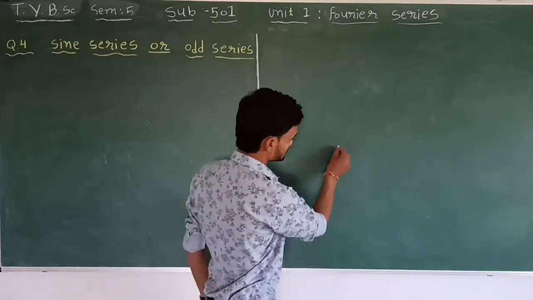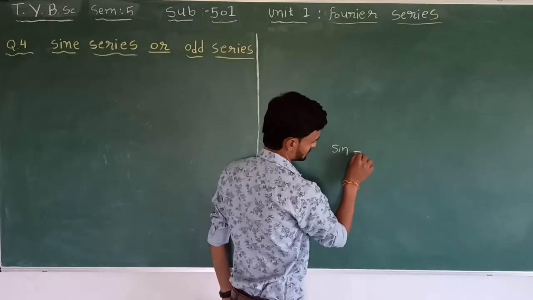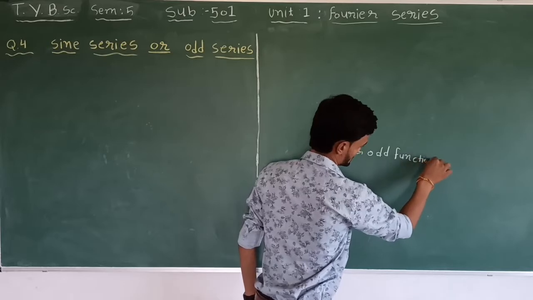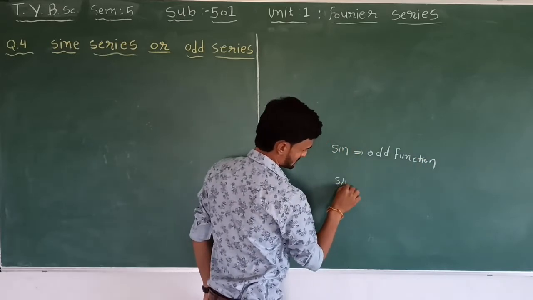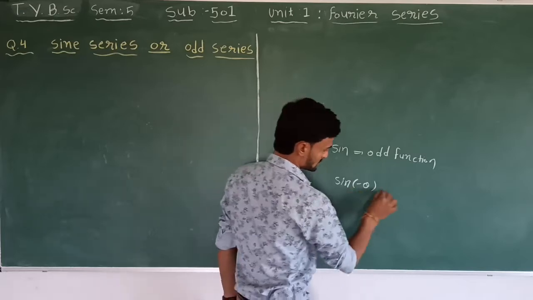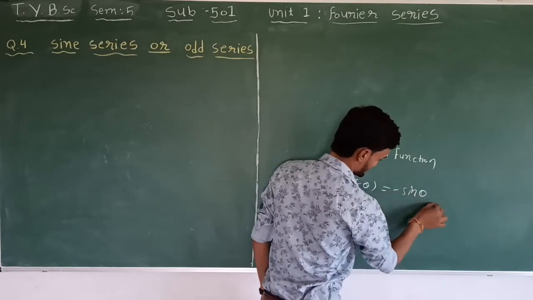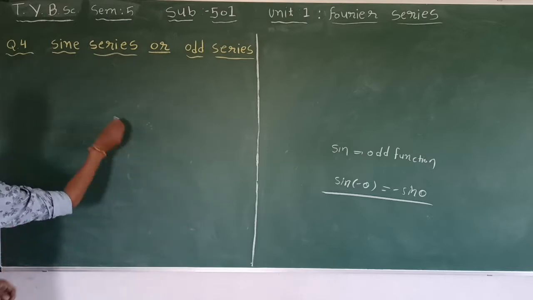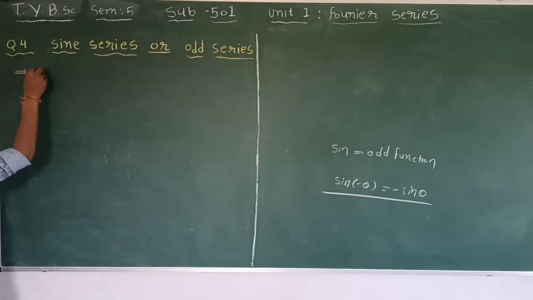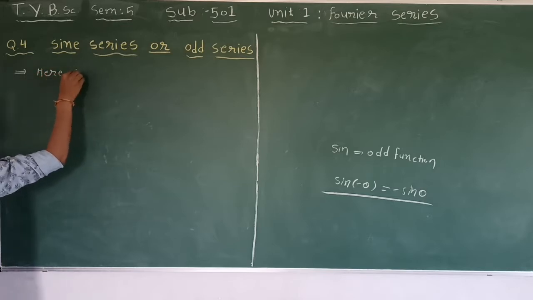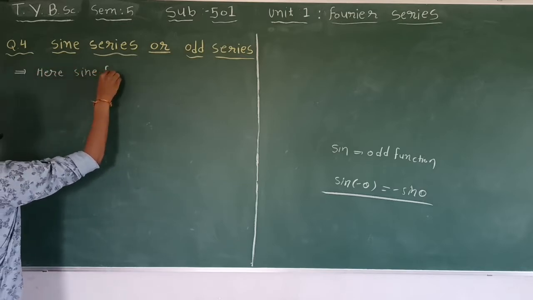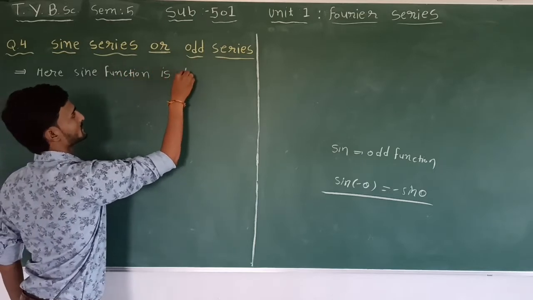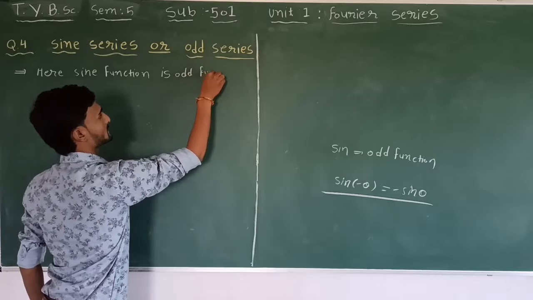Sine series, or odd series. The sine function is an odd function, so sine of minus theta is equal to minus sine theta. This applies to the equation. Here the sine function is an odd function.